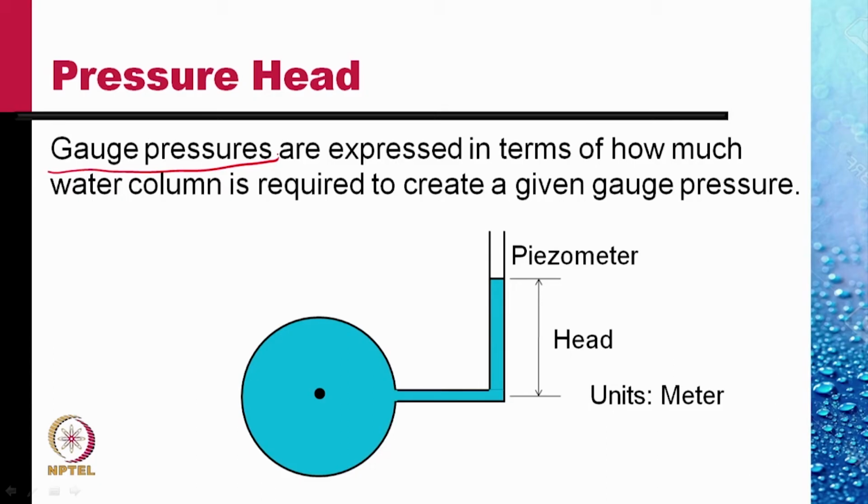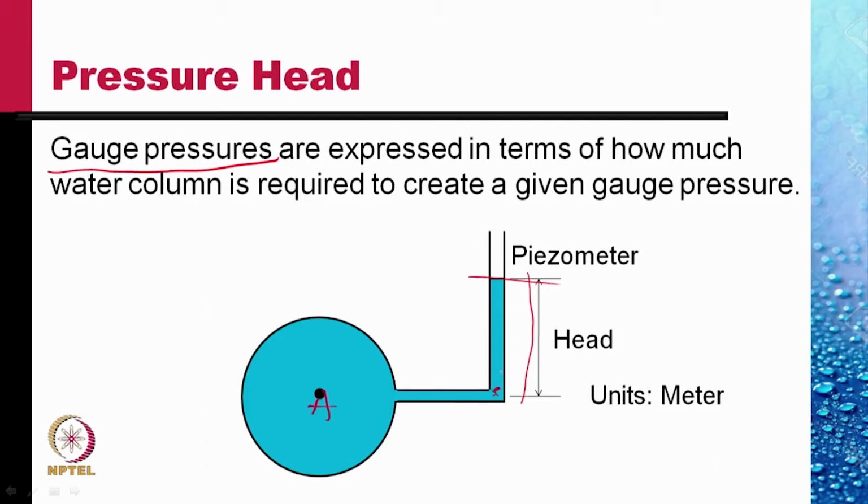Consider this bulb containing water, and if the water rises into this tube, a test tube, which is called a piezometer, up to this height, then we call this the head of pressure within this bulb. The pressure at point A is the same as pressure at this point. Why?